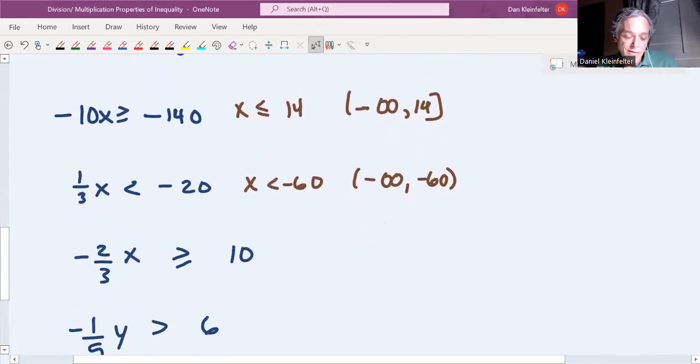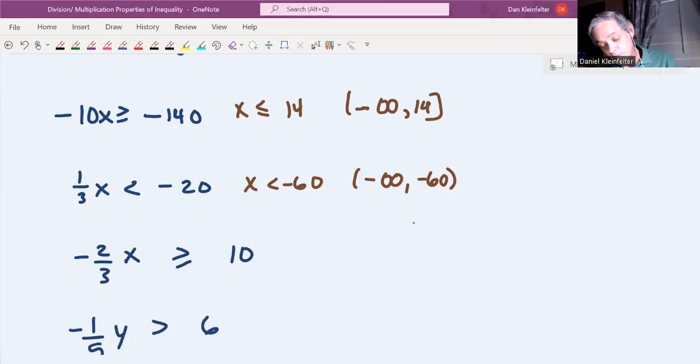All right, and then now for this next one, we have negative 2/3 of x is greater than or equal to 10. We could look at this as multiplication or division. We're going to multiply both sides by negative 3/2. So negative 2/3 x times negative 3/2. So let me make it clear what we're doing. We're multiplying by negative 3/2.